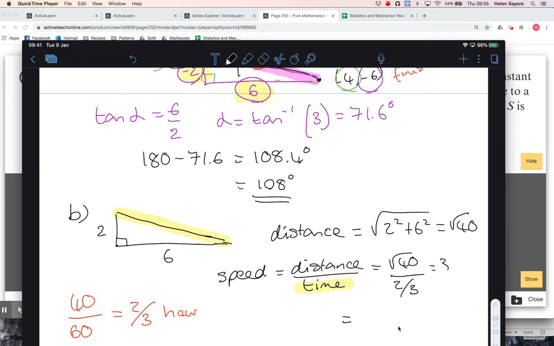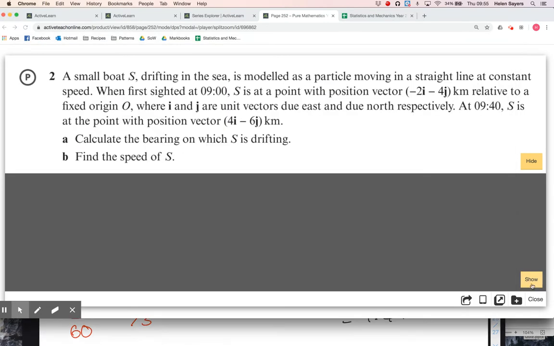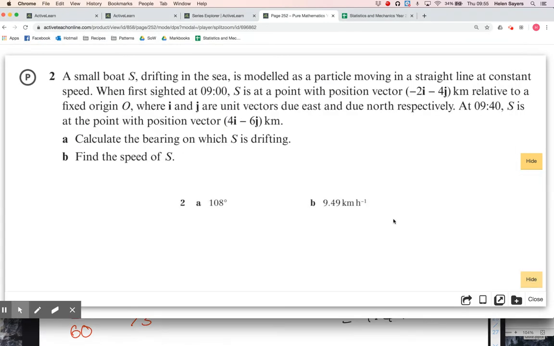I'm going to just give it to 3 significant figures. So that's coming out for me as 9.49 kilometres per hour. And it is important you put the units, particularly in a question like this, because of course I could have given it in kilometres per minute. It's not really a standard unit we'd use, but it should work. So 9.49 and 108 degrees, lovely.